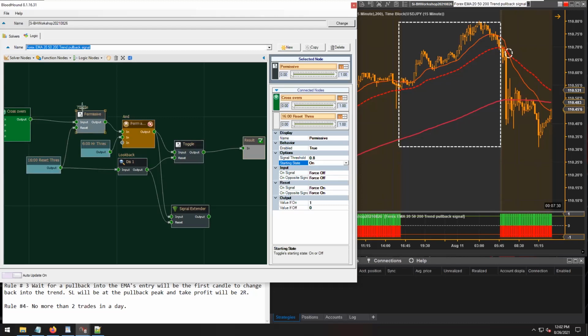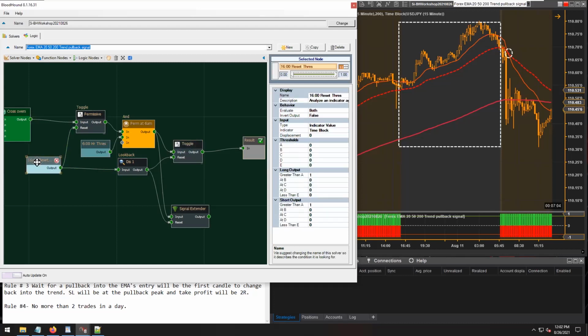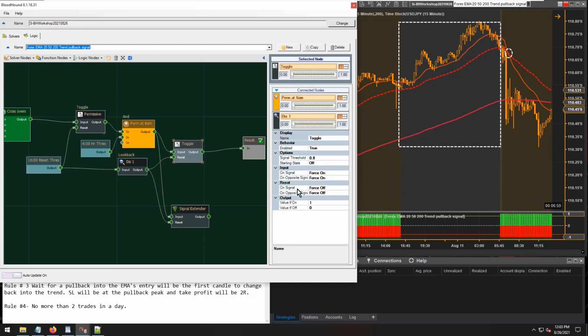That's kind of a reverse of a normal situation. And this toggle node here is being used in a normal fashion where it starts off, but then we're turning it on. So if there is a signal that comes out of the AND node, we turn our toggle node on. And then at 1600 hours, we're turning this toggle node off. So the reset is turning the toggle node off.